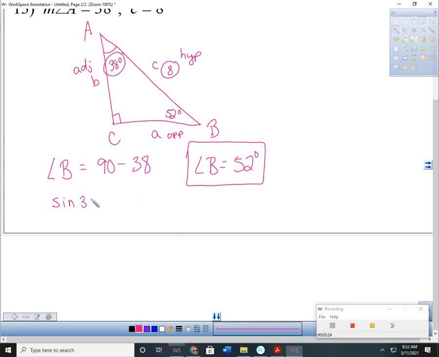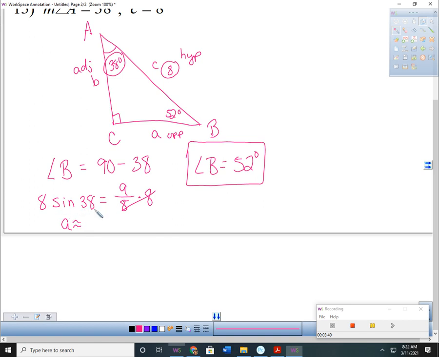So sine of 38 is equal to the opposite side, which is what I'm trying to find, over the hypotenuse, which I already have. So I'm just going to multiply by 8. So side A is, and I'm going to put an approximate because this is not exact.